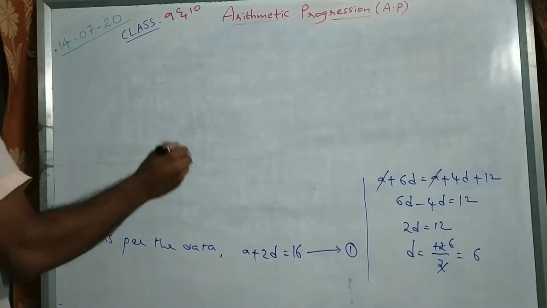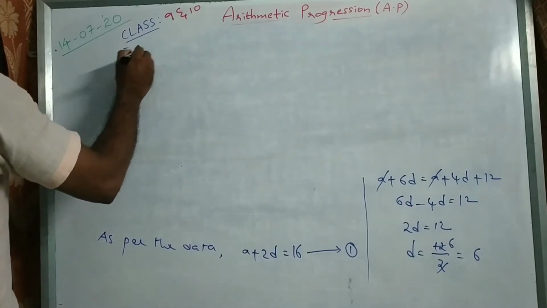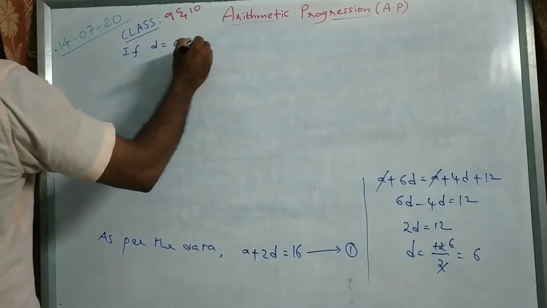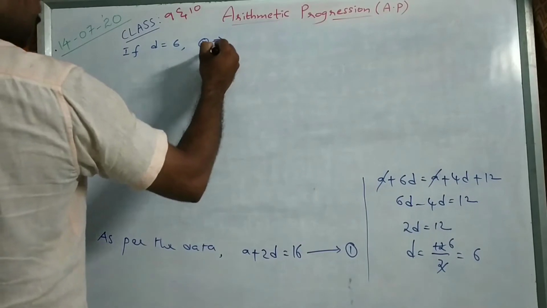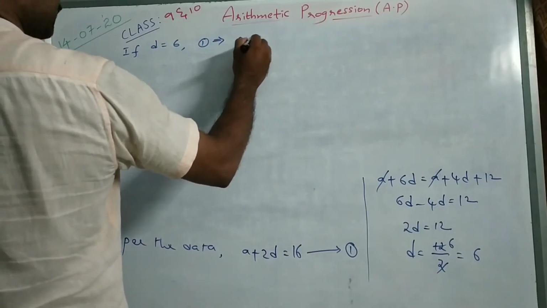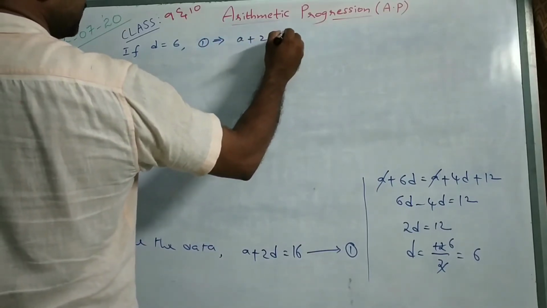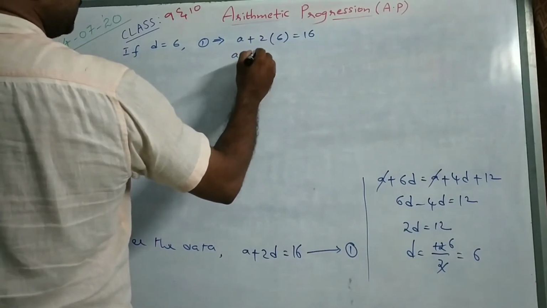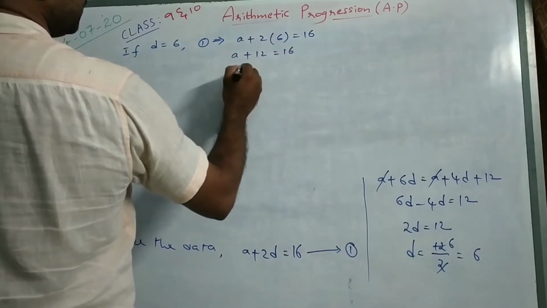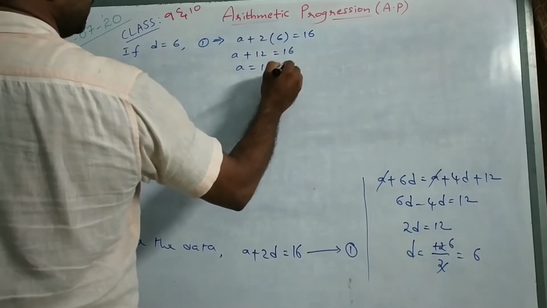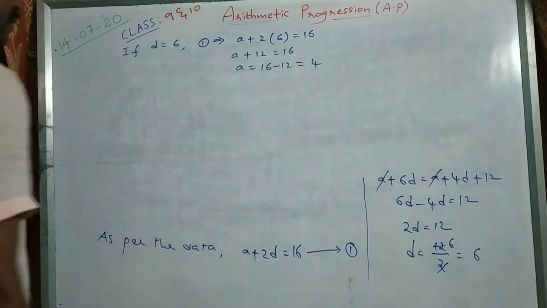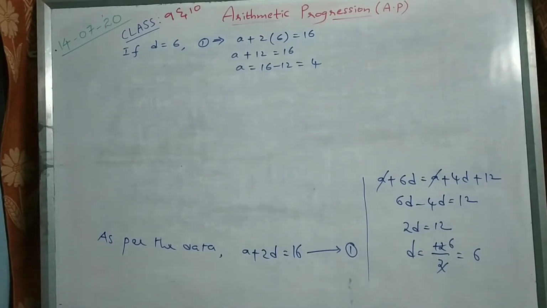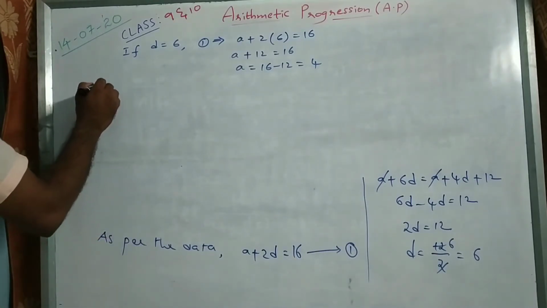So, if d equal to 6, equation 1 becomes a plus 2 into 6 equal to 16. a plus 6 twos are 12 equal to 16. a equal to 16 minus 12, that means 4. So first term a is 4.